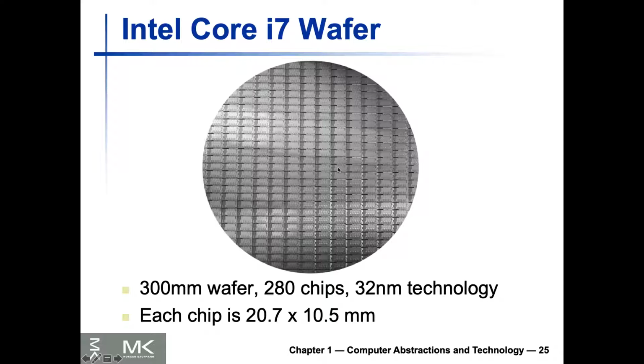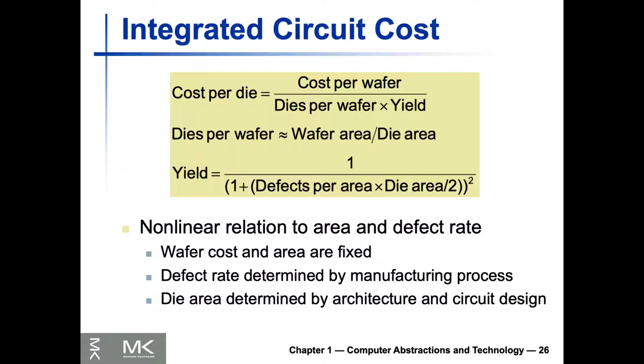So the companies that fabricate and produce this wafer need to have some formulas in order to understand what's going to be the output of their product. So let's have a look at 3 simple formulas regarding that.